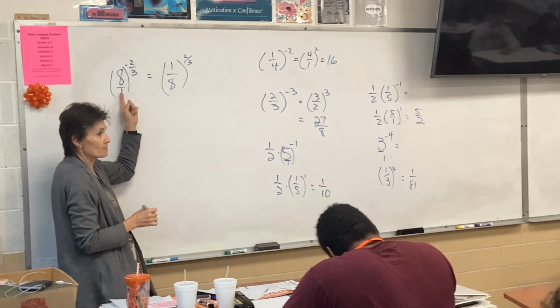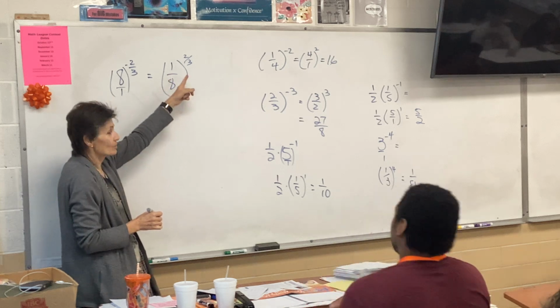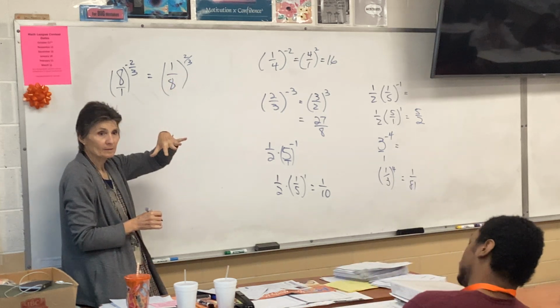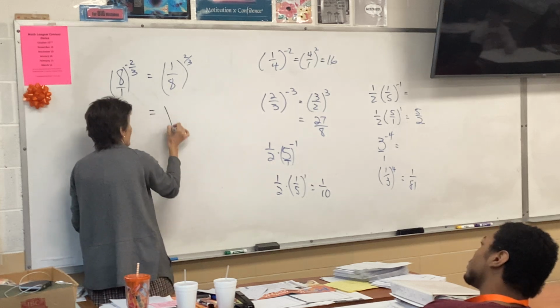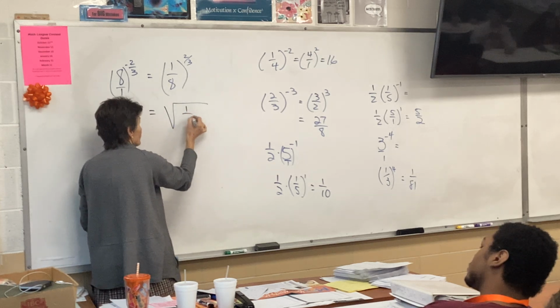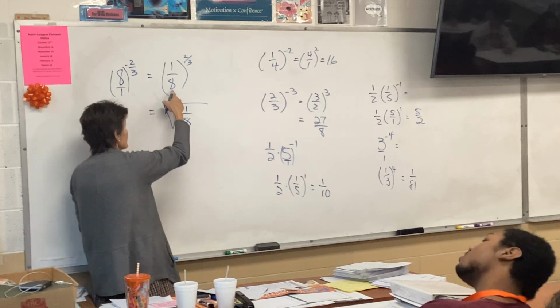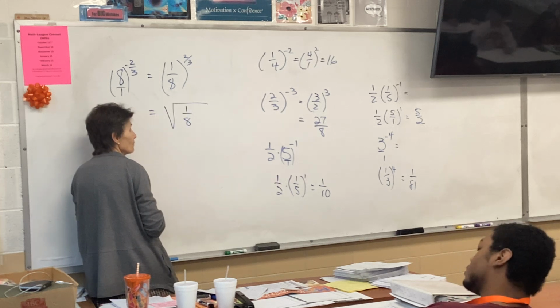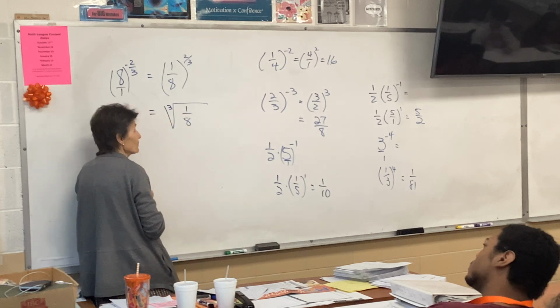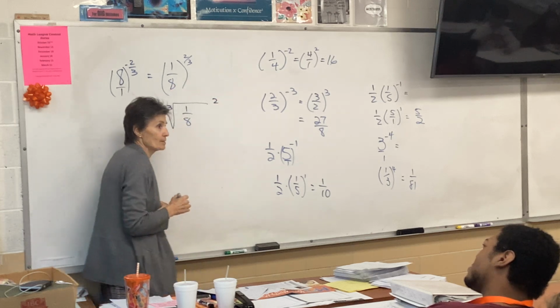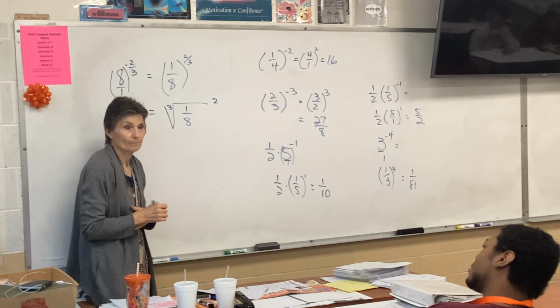This number flips. So 1/8 to the 2/3, you with me? Now, that's a radical, so I'm gonna have a radical. Under the radical is gonna go 1/8. The root I'm taking is 3, and the power I'm raising it to is 2.